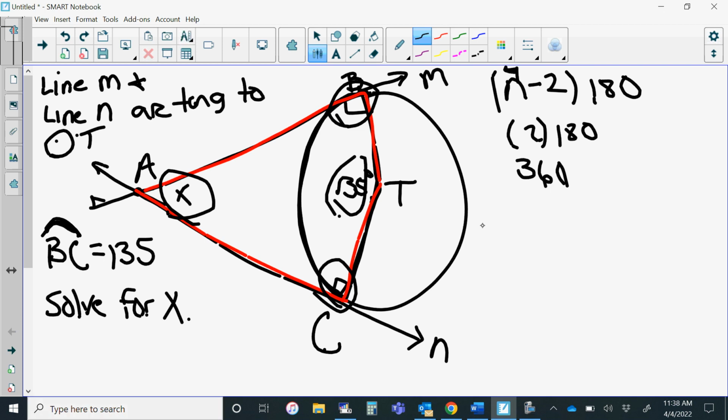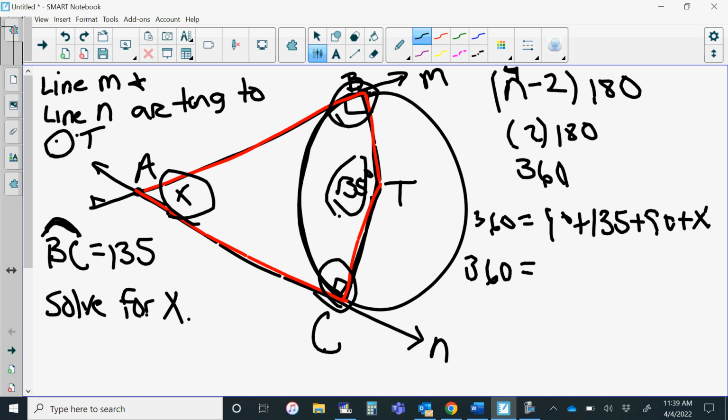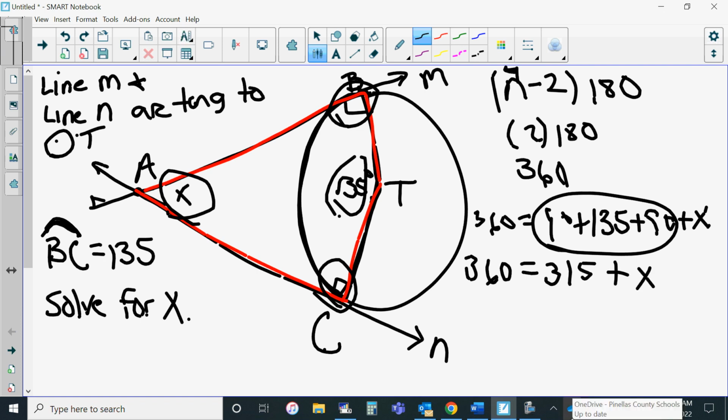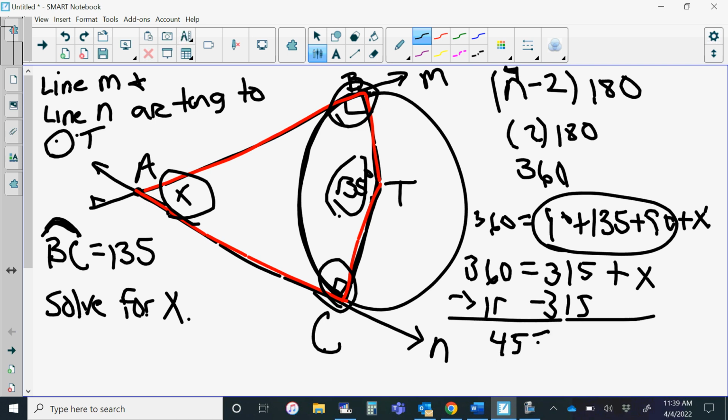So I'm going to go 360 is equal to 90 plus 135 plus 90 plus x. 360 equals, add these together, what did you get? 315 plus x. Now what do I do to get the x by itself? Minus the 315, and I get 45 equals x. There is my answer.